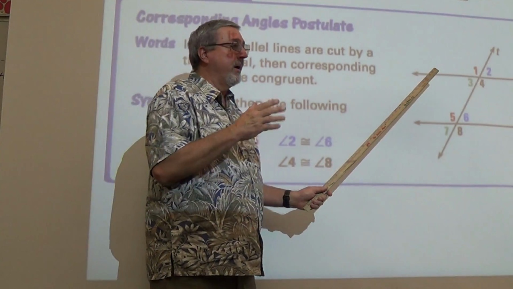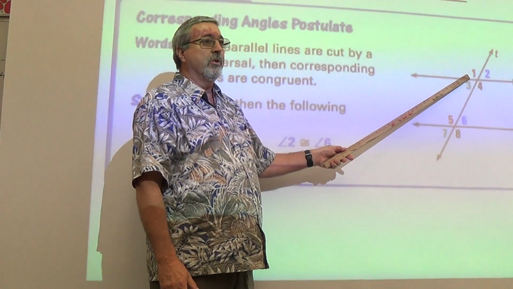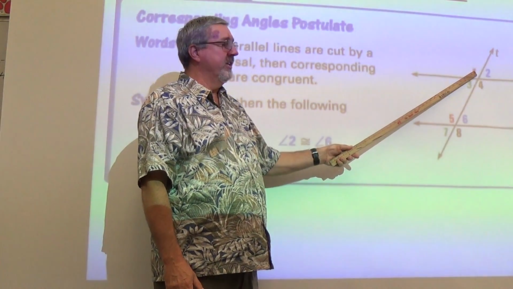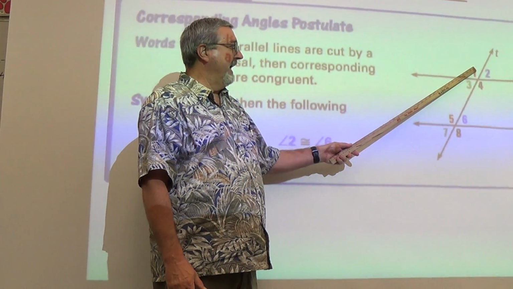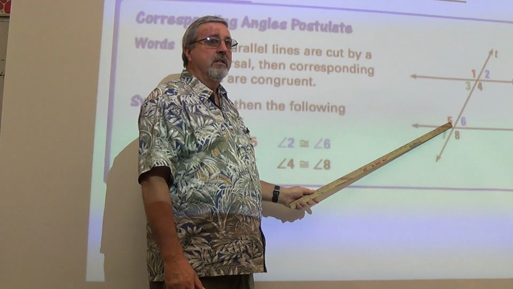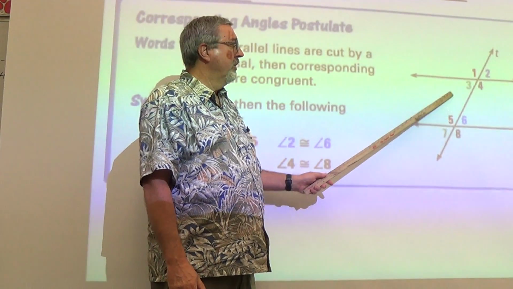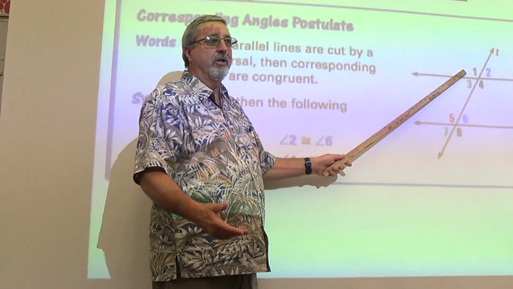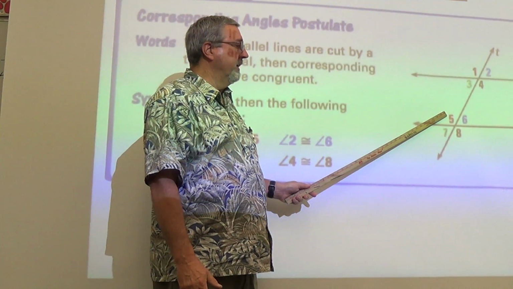Corresponding angles mean this one, on the top left side of this line and this transversal. The corresponding angle to that would be in the same location on the other line, top left-hand side of that transversal. Thus the word corresponding. It corresponds to the same location. So those 2 angles are corresponding.